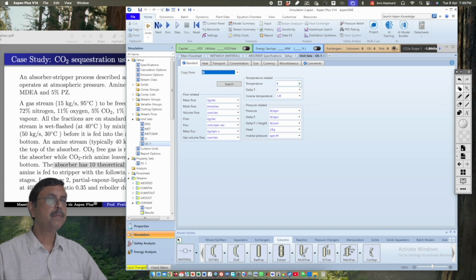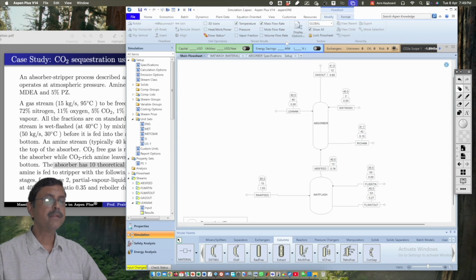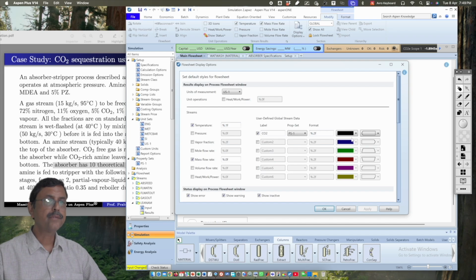We'll take temperature in centigrade and mass flow rate in kg per second, and then we will choose unit set as US1. We'll go to the stream result, and for PS1 we will change the color.